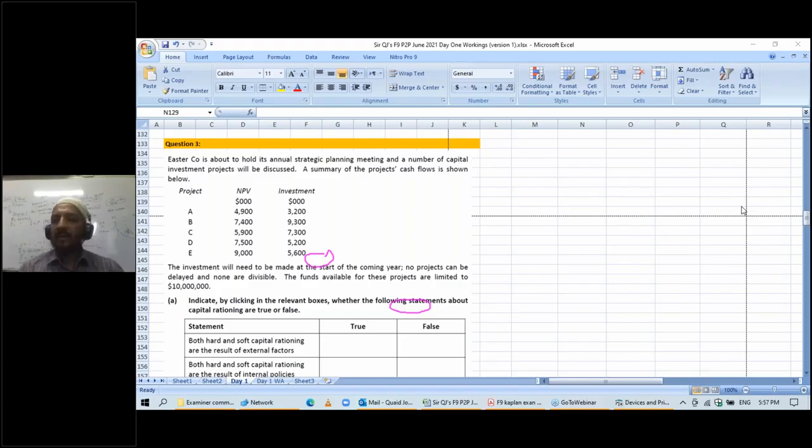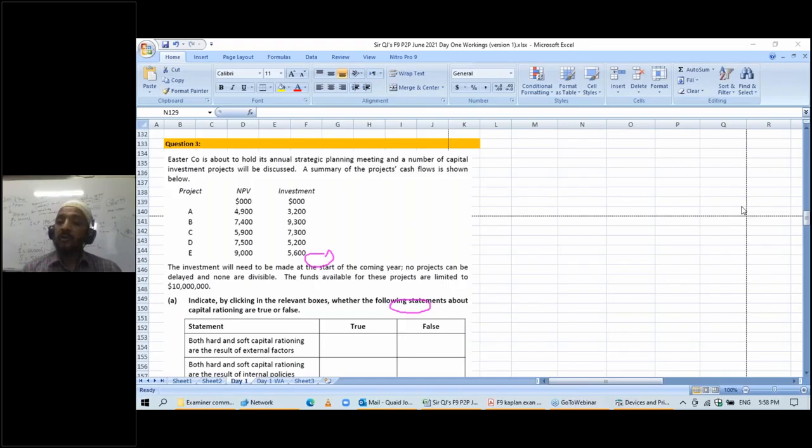Let me explain a bit about capital rationing before we go ahead. In investment decisions, the business may have a lack of capital. It may have a shortage of funds. It may not have enough cash to invest in all projects that have a positive NPV.